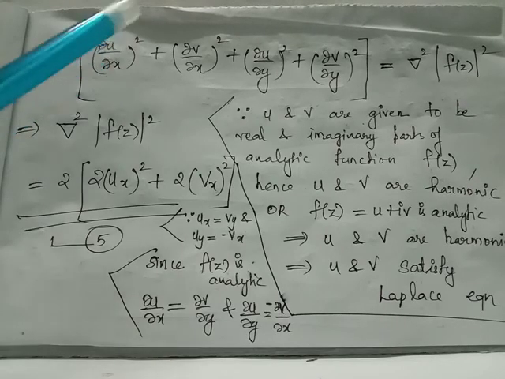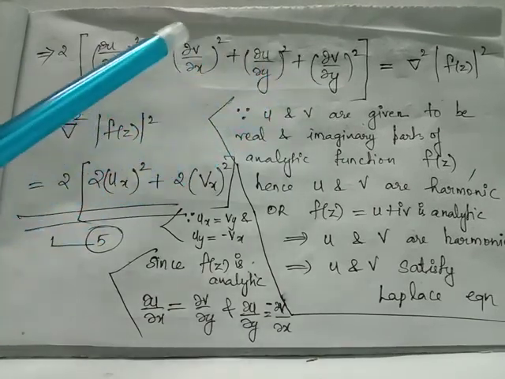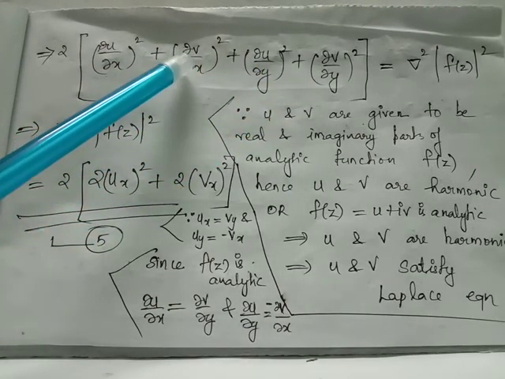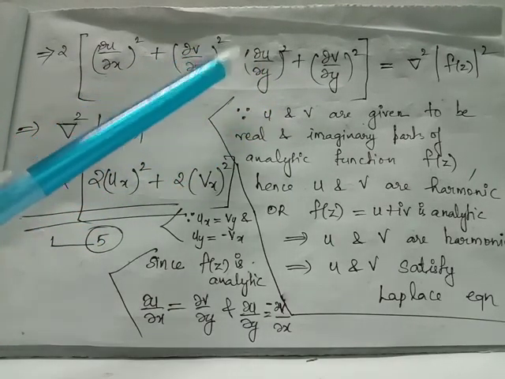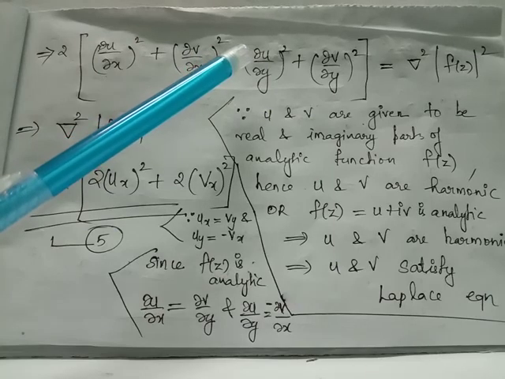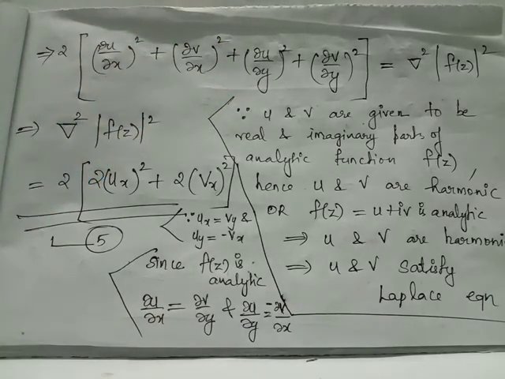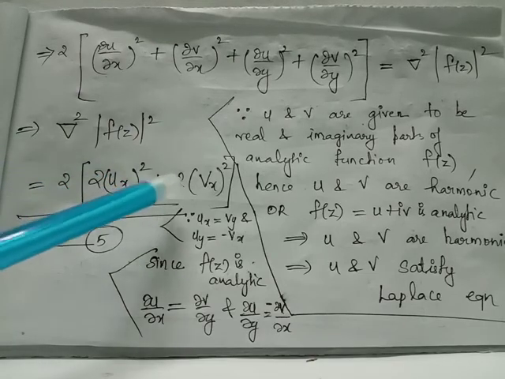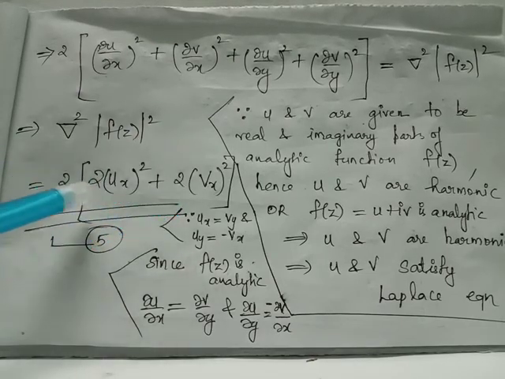Ux and Vy are the same, and Vx and minus of Uy are the same. Hence we have 2 times ux the whole square plus 2 times vx the whole square. 2 can also be taken outside. Thus we obtain the expression del square applied on modulus of f of z the whole square equals 4 times ux square plus vx square. We number it as equation 5.